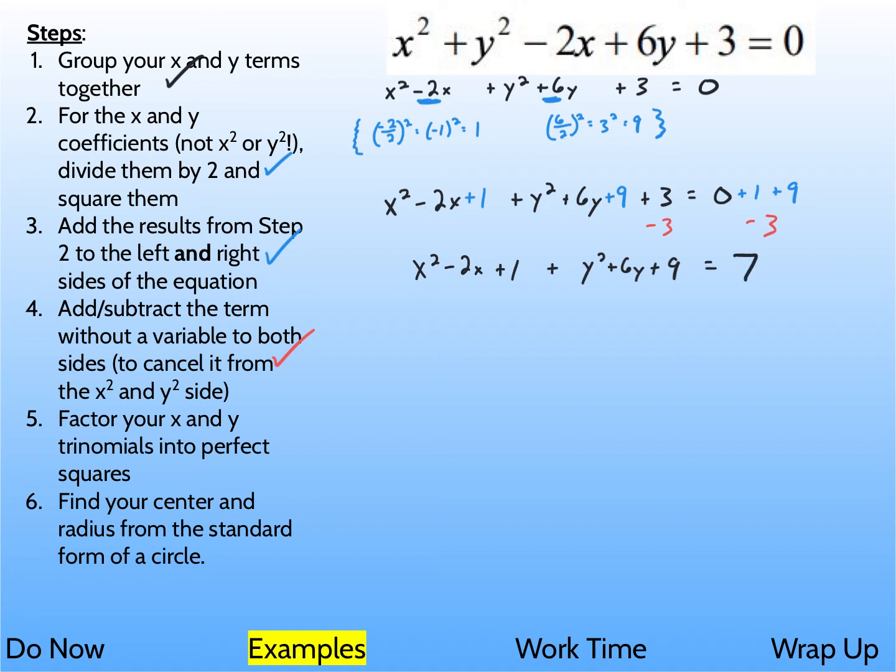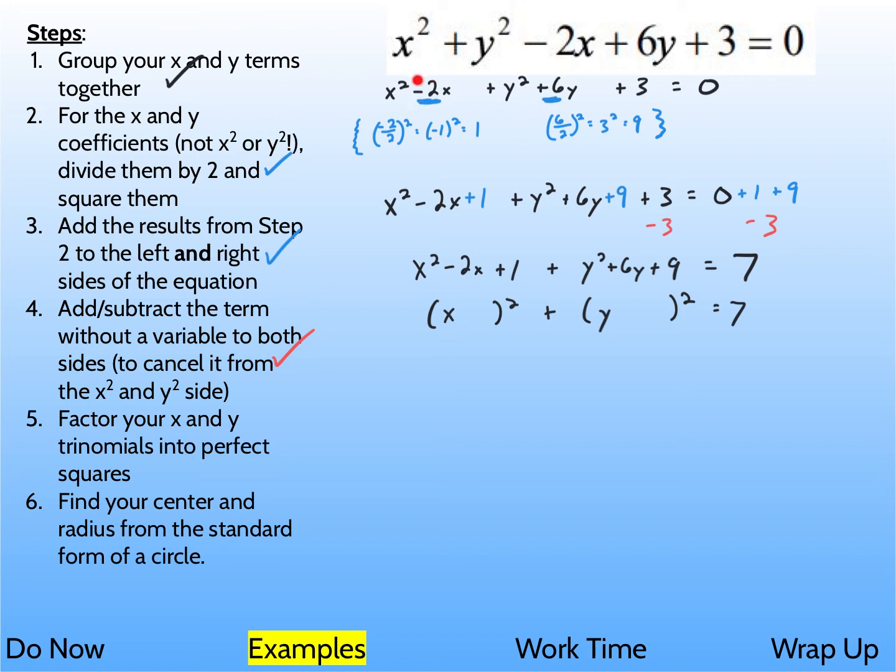All right, so step 5. What you want to do is factor your x and y trinomials into perfect squares. So basically we want to turn this into x something squared plus y something squared equals 7. And I'll give you a hint: we've already done the work for this.